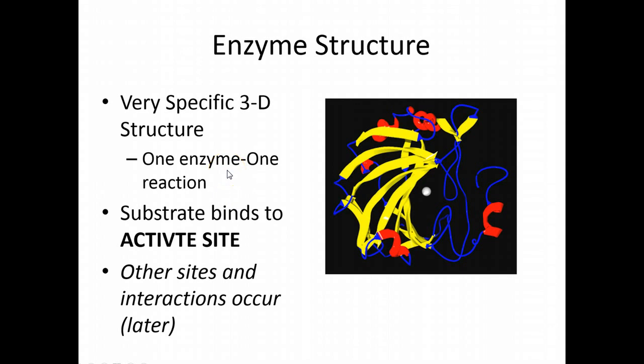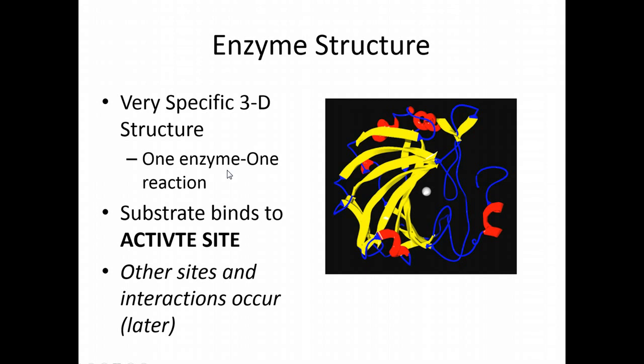Now, what this is a cartoon of is, I can't remember the name of the enzyme now. But this is the relative size of the enzyme and the substrate. So you see in the cartoon there, you've got some sheets and a couple of helices. And then that little white thing, that little round thing, is the substrate.